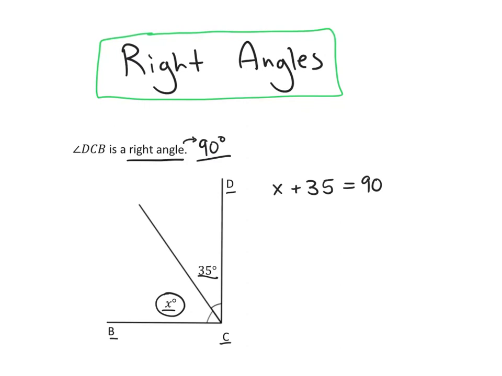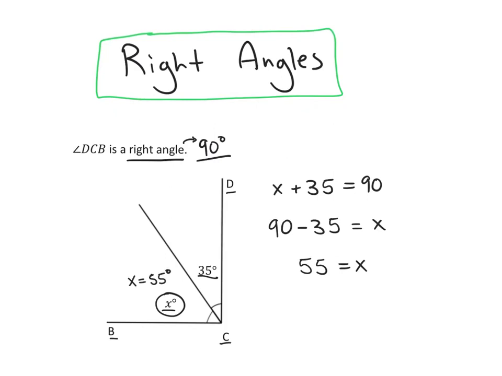If we think about our fact families for addition and subtraction, we also know that 90 minus 35 is going to equal whatever the measure for x is. If we subtract 35 from 90, we get 55 degrees. So x equals 55 degrees.